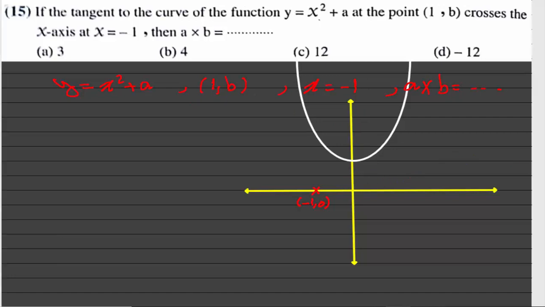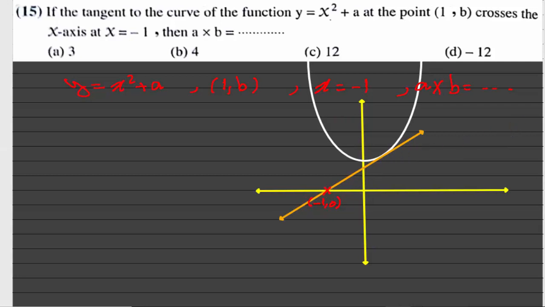So I'll draw the tangent here, passing through the point (-1, 0), like this. And the coordinates of this point are (1, b). Now again to the question.